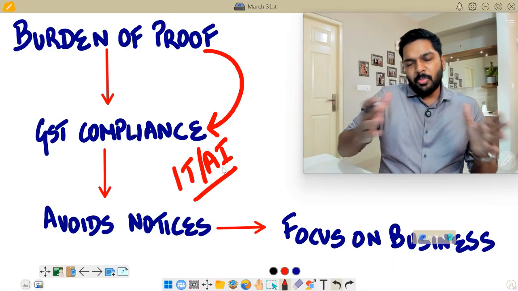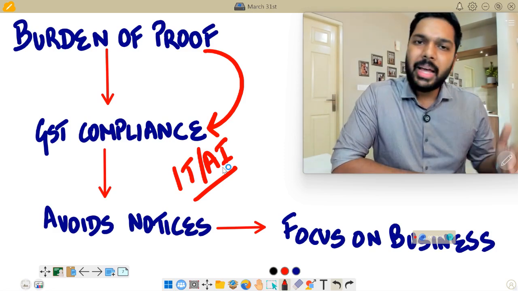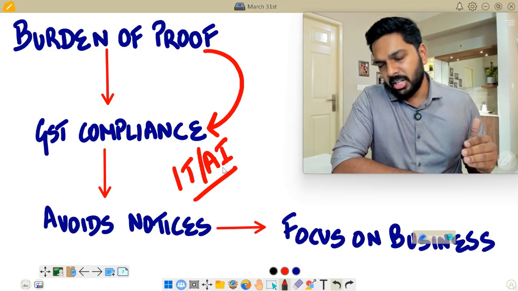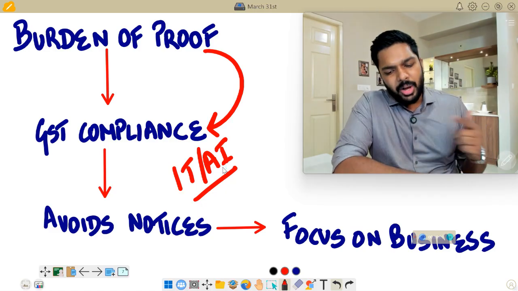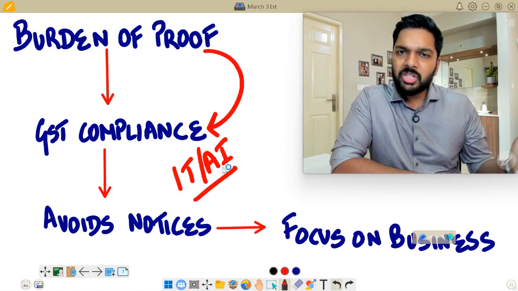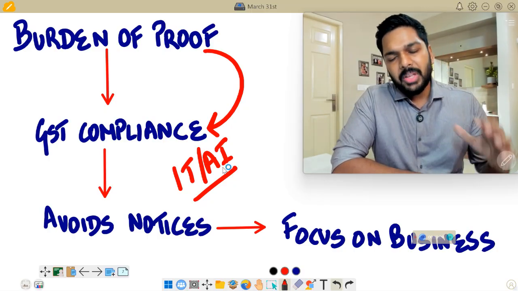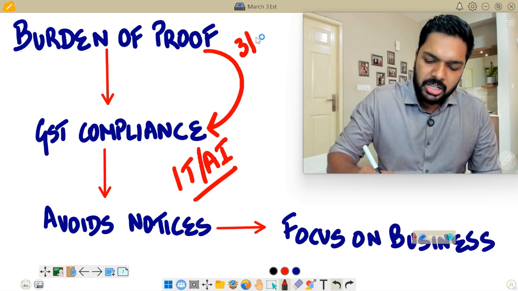So instead of a small or medium businessman focusing on the business, today he's behind replying to GST notices, behind some demand or GST liability, or some issue in GSTR 1 or GSTR 3B, which could have been avoided if proper checks and compliances are met before the financial year end. And this financial year end is, of course, 31st March 2026.